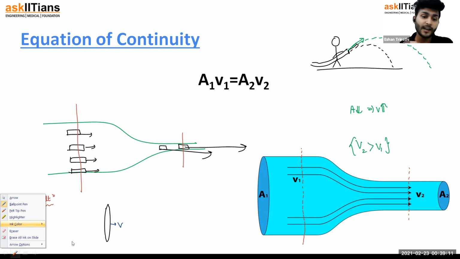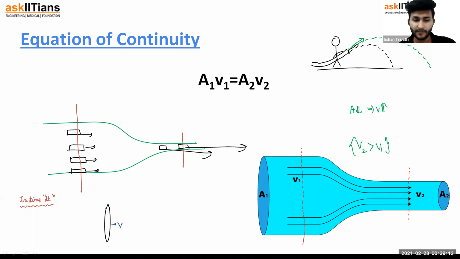But in dt time, how much distance would they have traveled? If they are traveling with speed v, speed into small time dt is the small distance traveled, right? So basically, what is the volume of liquid flown in dt time?